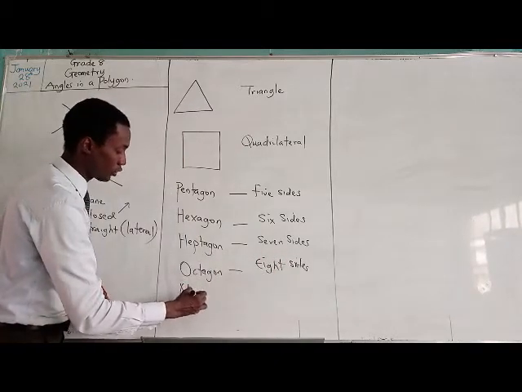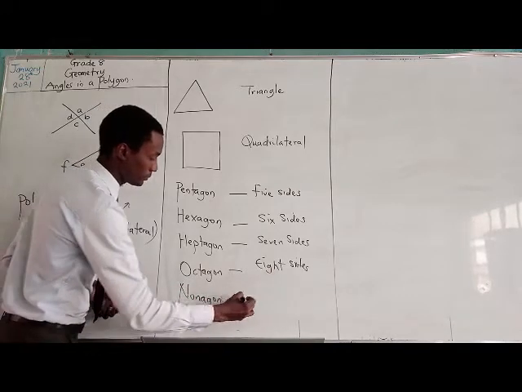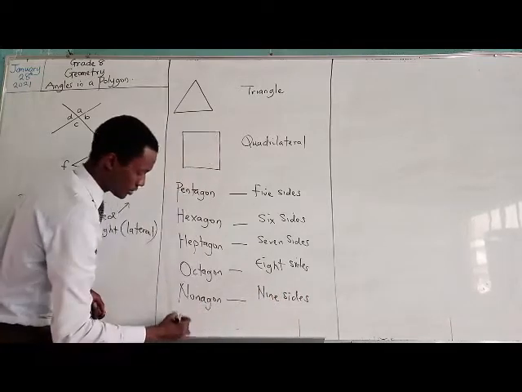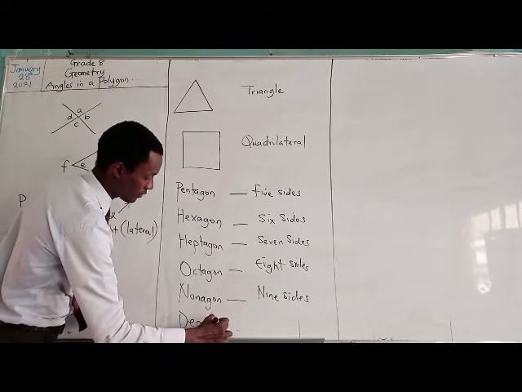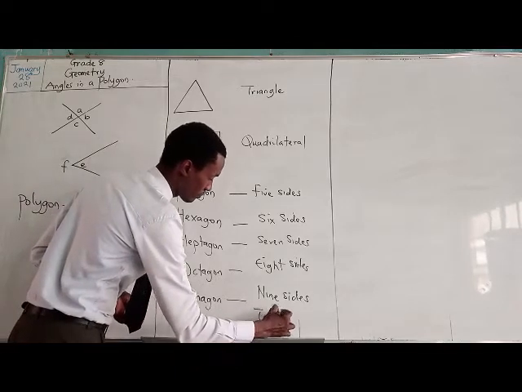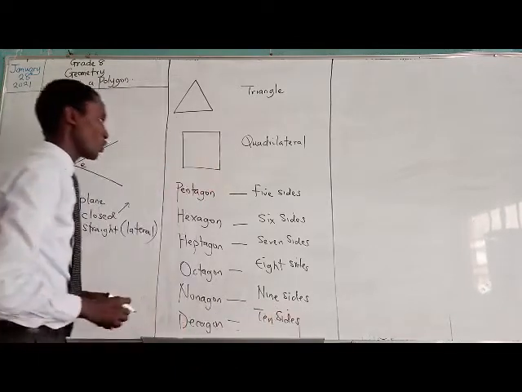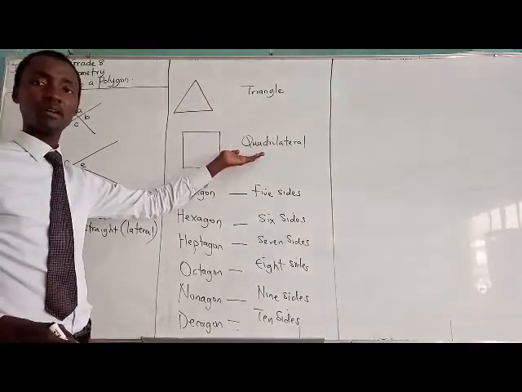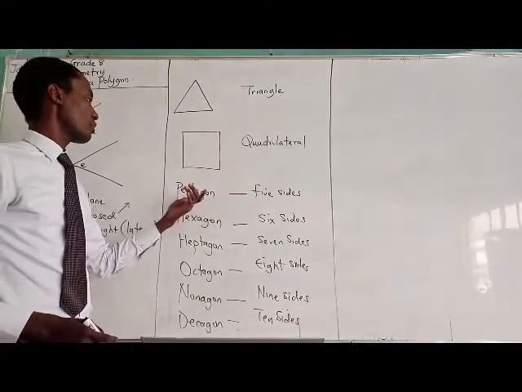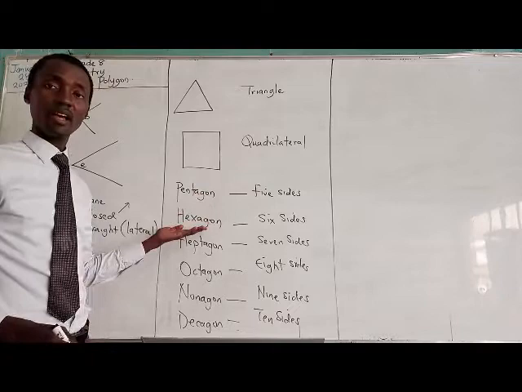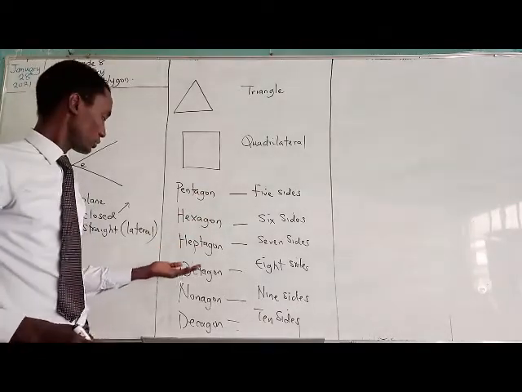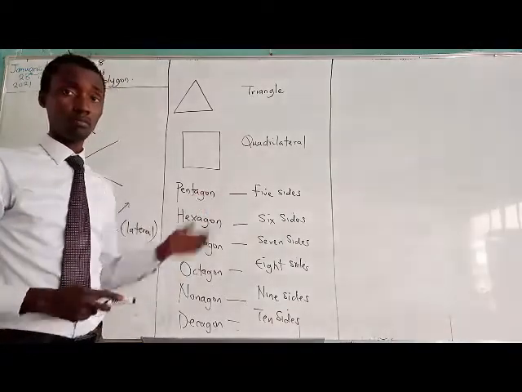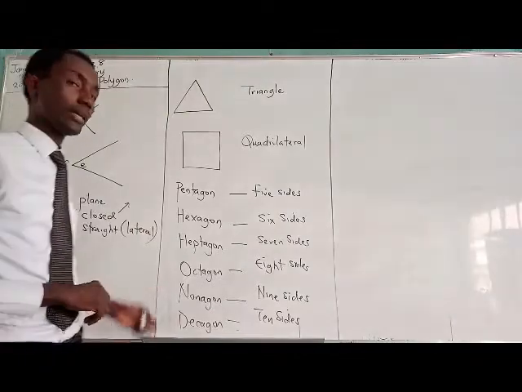Then we have the nonagon. And there's something we call the decagon. So we start with the least, 3 sides. We come to quadrilaterals, pentagon, hexagon, heptagon, octagon, nonagon, and decagon. There are lots more you can look at, but for now, let's stop at 10. So let's take note of that.